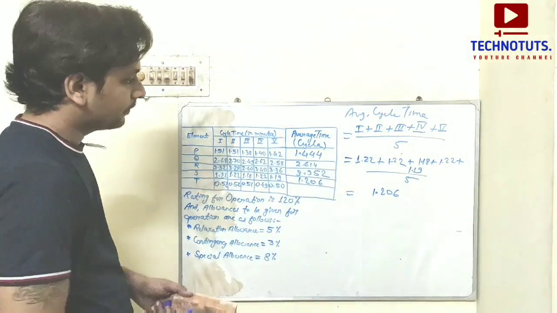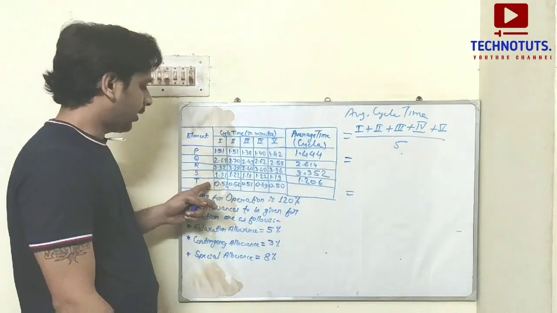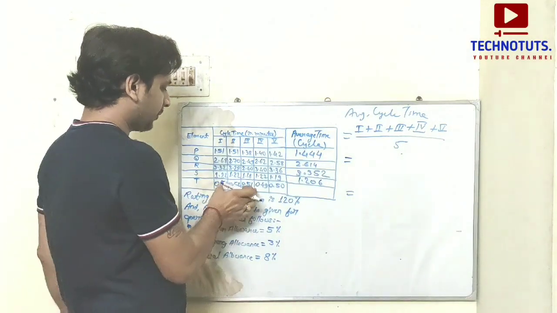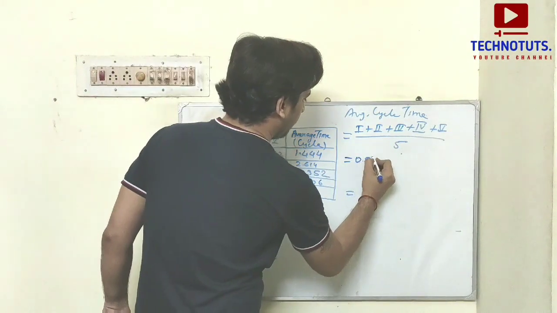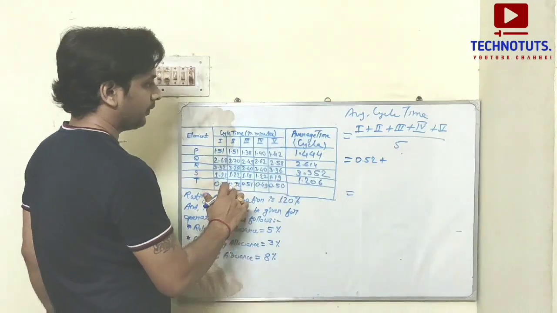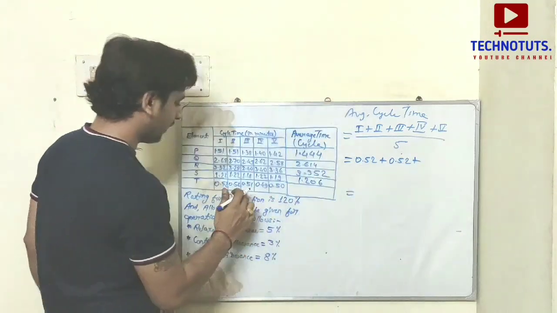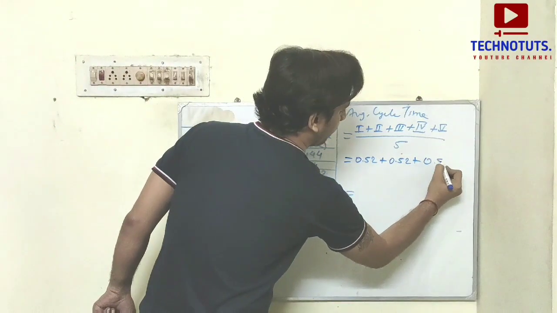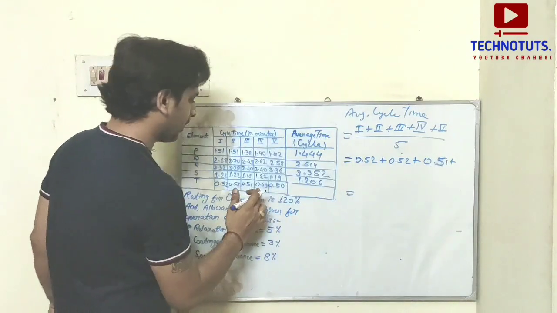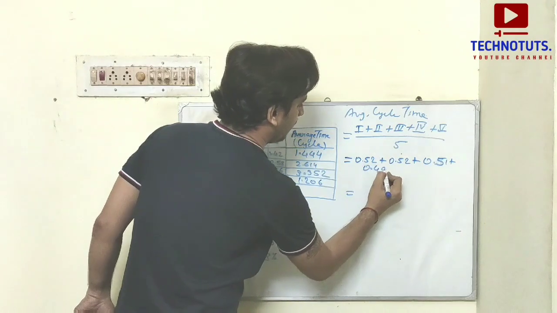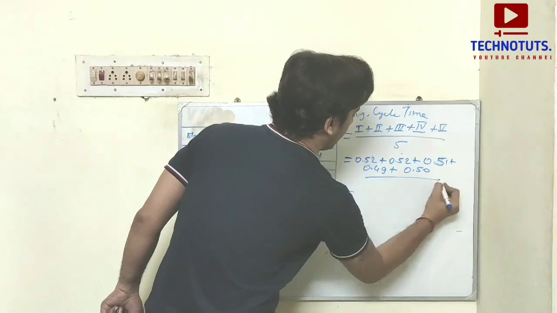Okay students, now let us calculate the average cycle time for element T also. Substitute these values in this formula: 0.52 plus second cycle time 0.52 plus third cycle time 0.51 plus fourth cycle time 0.49 plus fifth cycle time 0.50, divided by 5.